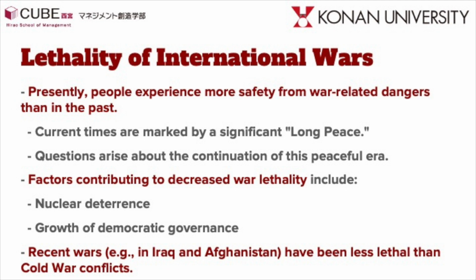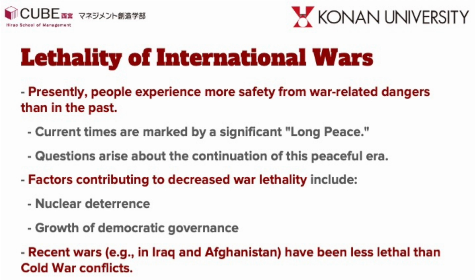So today, compared to the past, people are much safer from the dangers of war. This period of relative peace is significant, and one of the most pressing questions is whether this long peace will continue. The reduction in the deadliness of war over time is likely influenced by factors like the deterrent role of nuclear weapons and the rise of democratic governance.